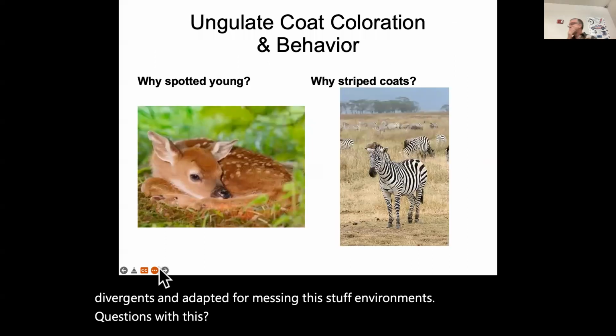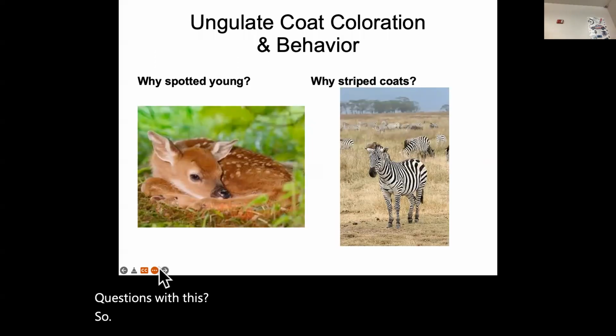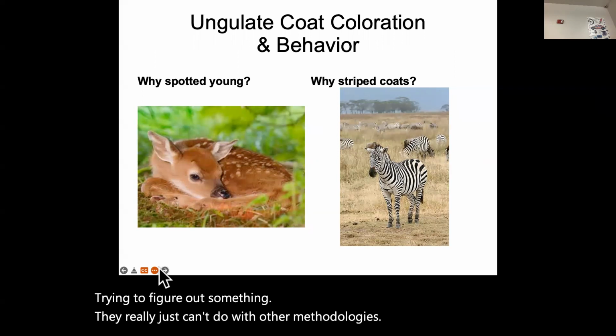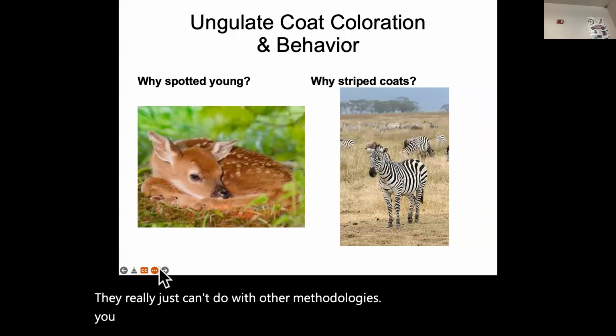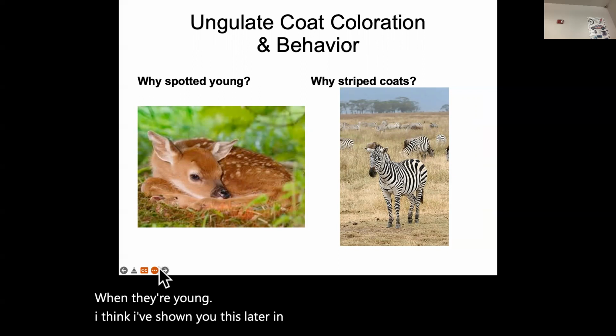Okay, so another example of trying to figure out something that you really just can't do with other methodologies. Why are some species of ungulates spotted when they're young? I think I'll show you this later in the semester.